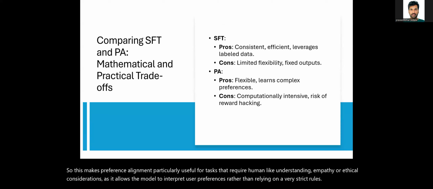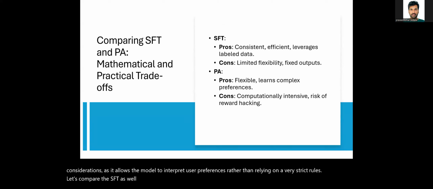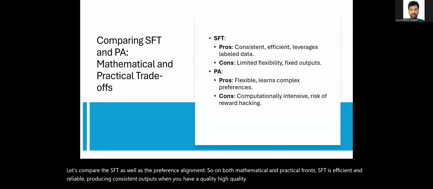Let's compare SFT and preference alignment on both mathematical and practical fronts. SFT is efficient and reliable, producing consistent outputs when you have high-quality labeled data. However, it's limited in flexibility for subjective tasks.